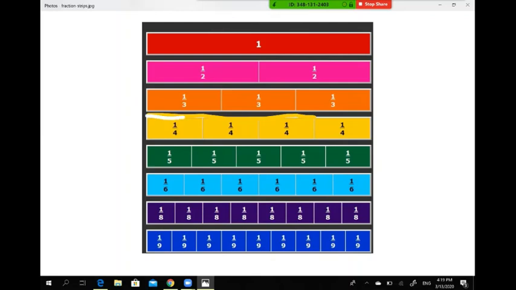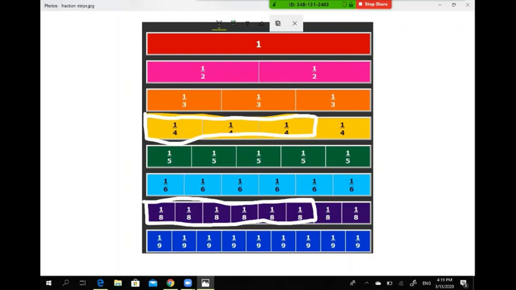This is 3 over 4, out of 8, the same distance. As we see, 3 over 4 is equivalent to 1, 2, 3, 4, 5, 6 over 8.